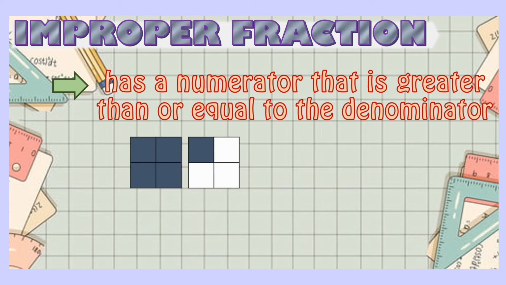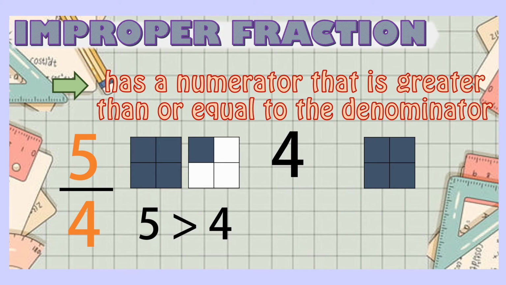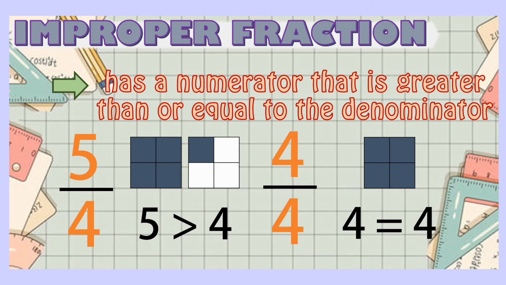Example, this figure shows 5/4. 5 is the numerator and 4 is the denominator. 5 is greater than 4. Next, this figure can be written as 4/4. Both numerator and denominator have the same value.